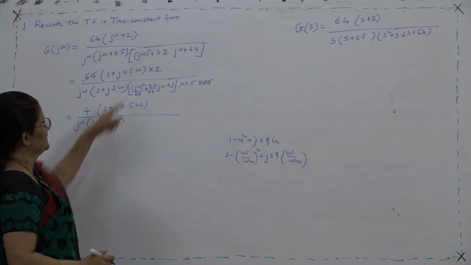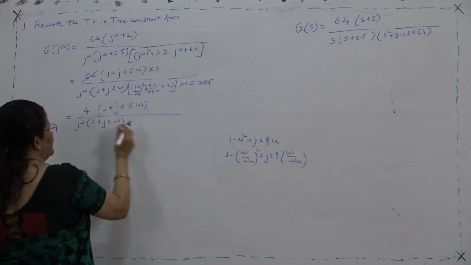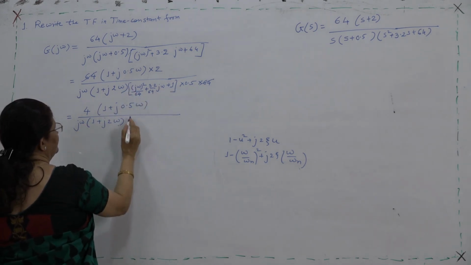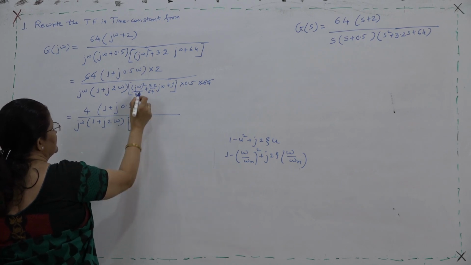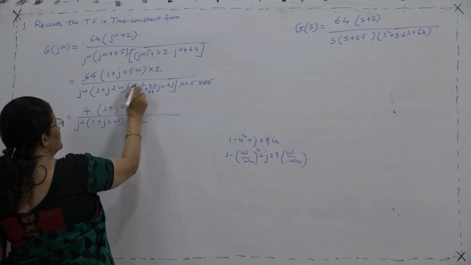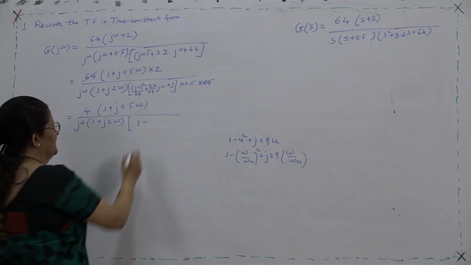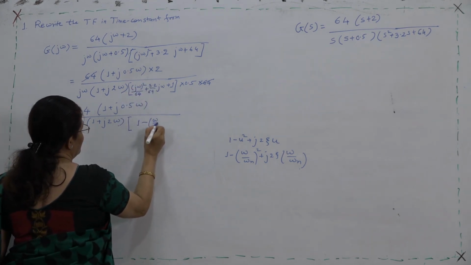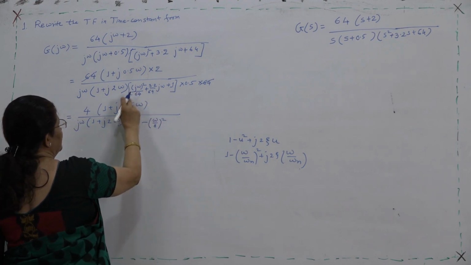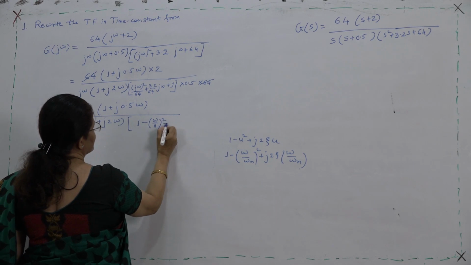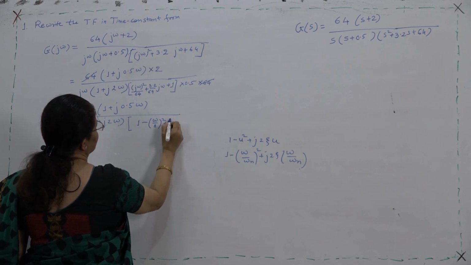Now, concentrate on this term. Here this is 1 minus, why minus I will get? Because of j square, and then I will write here omega upon 8 bracket square, 1 minus u square plus j.